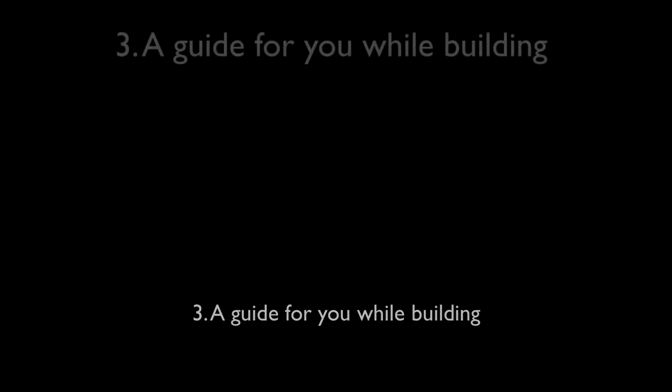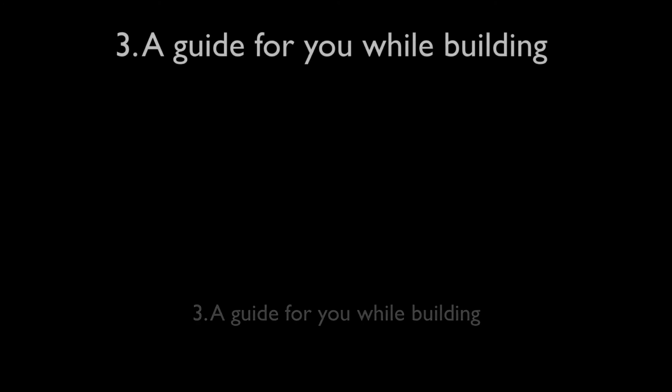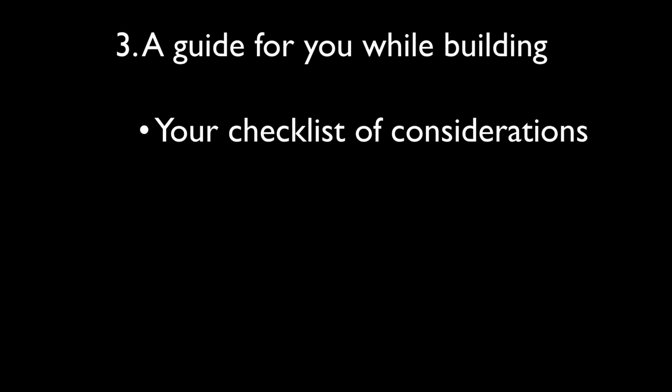So you're probably starting to see how the whole ecosystem, the whole structure, sort of works together to become a good guide for you while you're building for the web. So we have sort of the two parts, which the first part would be the checklist of best practices, the checklist of considerations while you're building, while you're designing, while you're developing, even while you're planning.